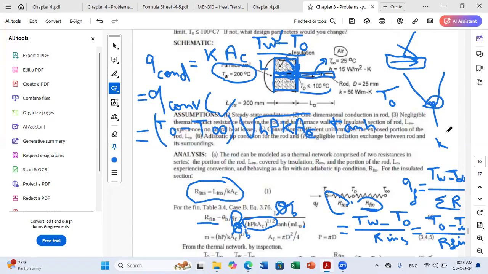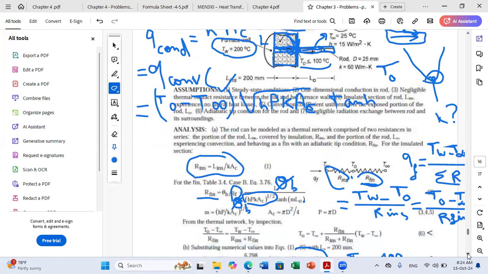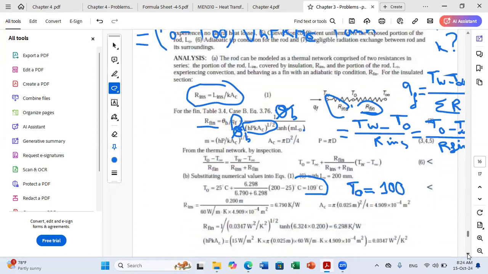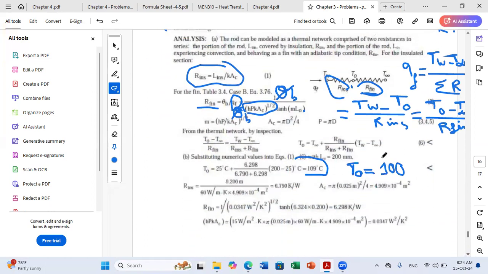Here, since you want T0 to be 100, you can put T0 equal 100 and solve for which value of conductivity will give you this 100 degrees, okay? So all we have to do now is to go back to the same equation. You still have the same equation here. And our insulation resistance is a function of K, okay? And our fin resistance also is a function of K, okay?